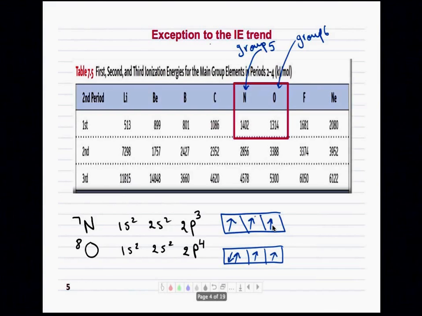It doesn't have a complete outer shell. Not necessarily, because the ionization energy is all to do with the interaction with the nucleus, right? So if we look at the oxygen right there, we find that the electron that I'm going to take out when I do the ionization energy is the one that is paired. That means there is already repulsion between those two electrons.